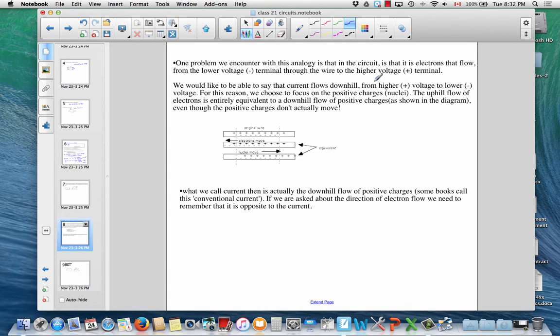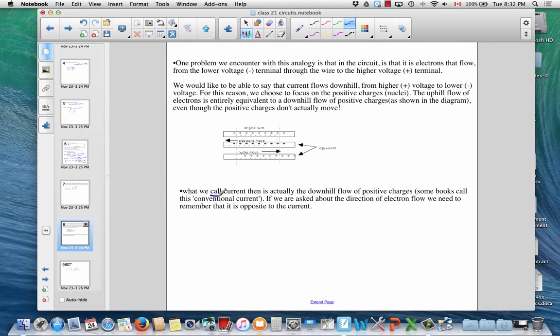So we have a conceptual problem, and what we choose to do is come up with a convention. Instead of focusing on the flow of the electrons, let's focus on the flow of positive charges, even though it isn't the positive charges that move. The electrons moving to the left is just like the positive charges moving to the right.